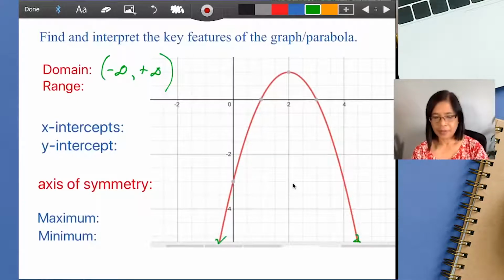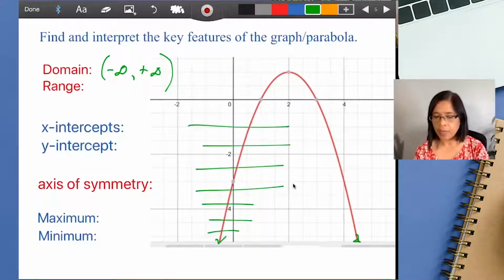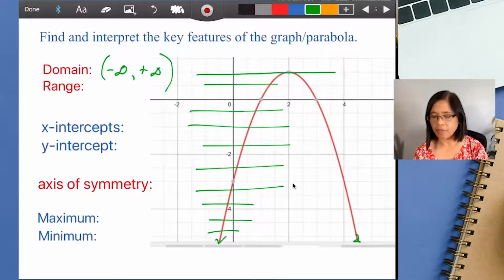However, if we look at the range, these are the y values. But notice that our y value would end at this point here. So our range will be from, if we count here, this is 1, 2.